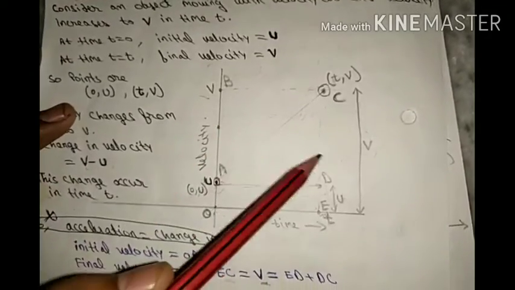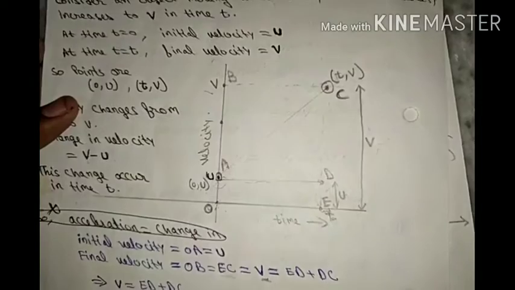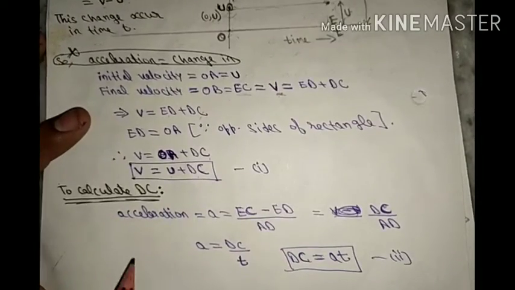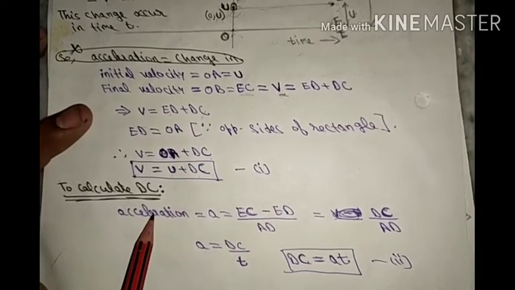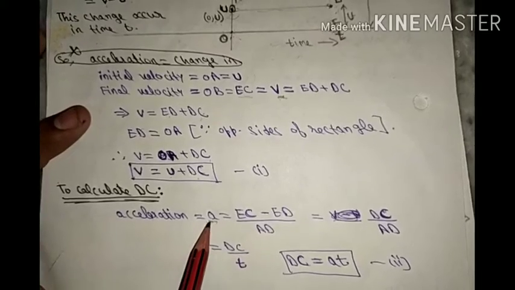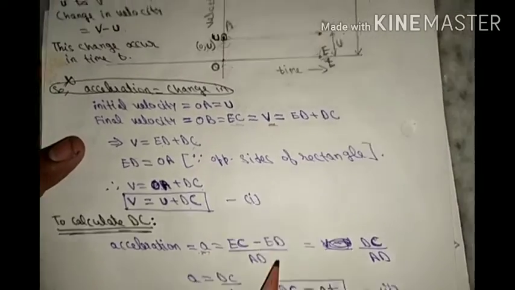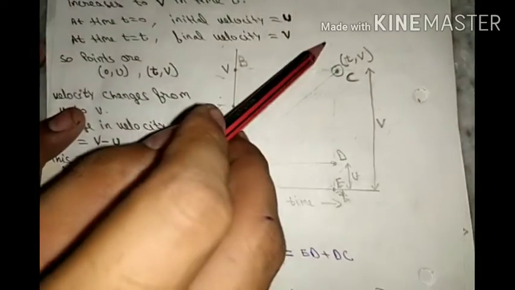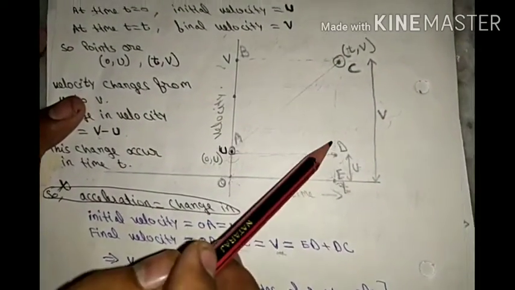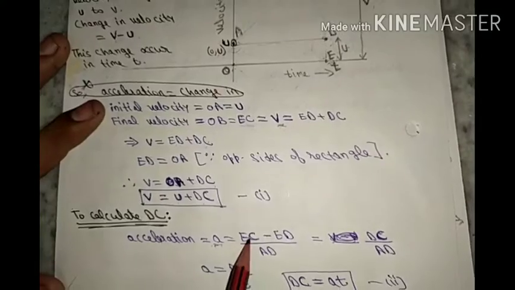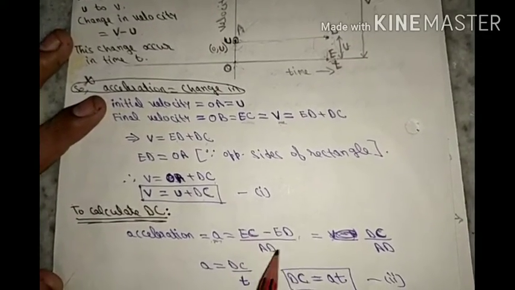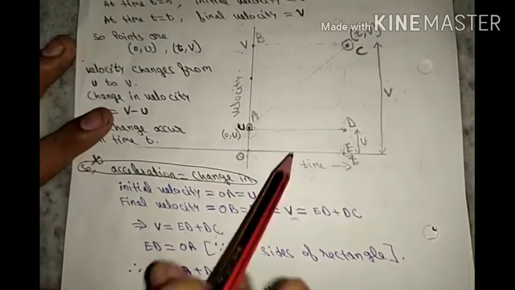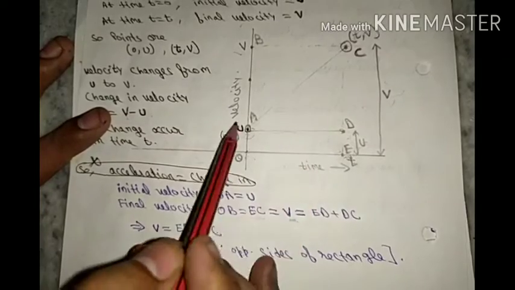To find DC from the graph, first see the acceleration definition. We know acceleration, represented by a, is equal to change in velocity over time. The final velocity is EC and the initial velocity is ED. So acceleration is EC minus ED divided by how much time it takes, t, which is AD.